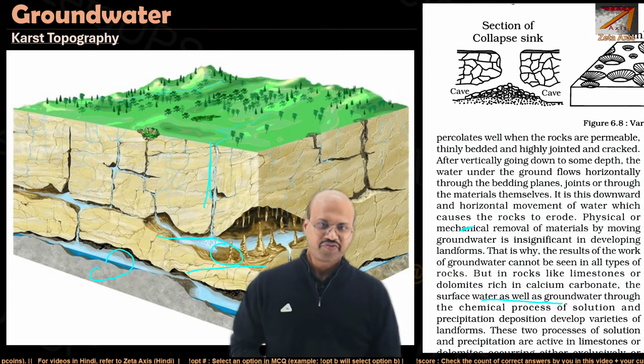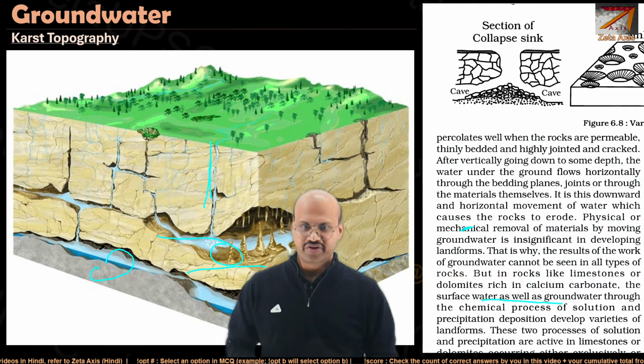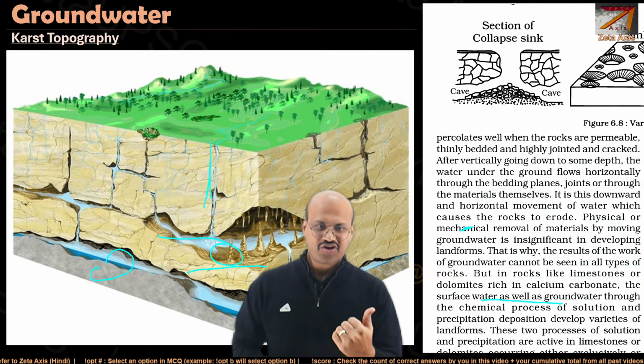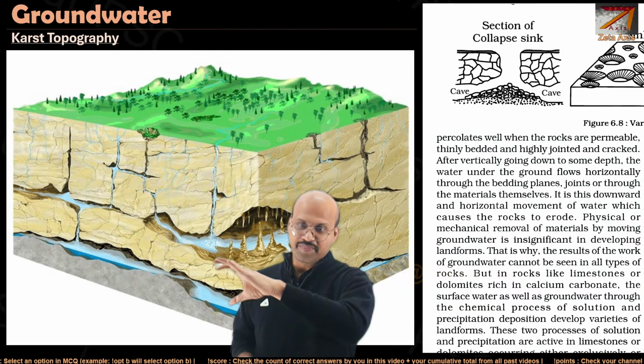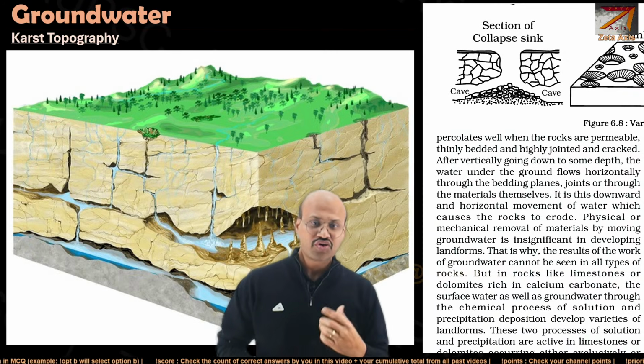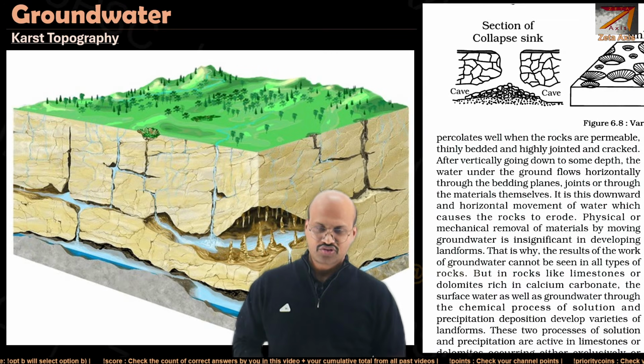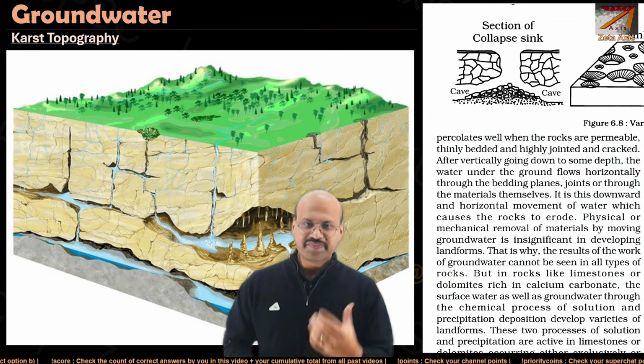Such types of erosion do not occur in groundwater. All the physical or mechanical removal of materials is not done by the groundwater because it does not flow with that much velocity, nor does it carry that much debris with it.